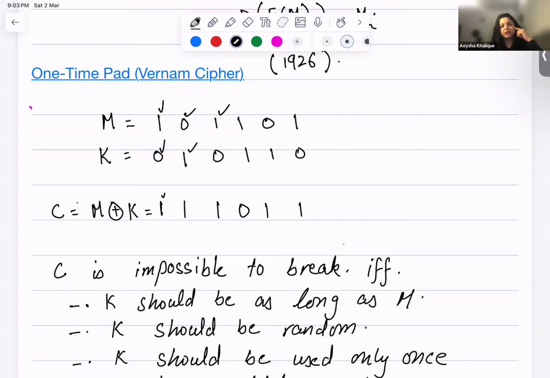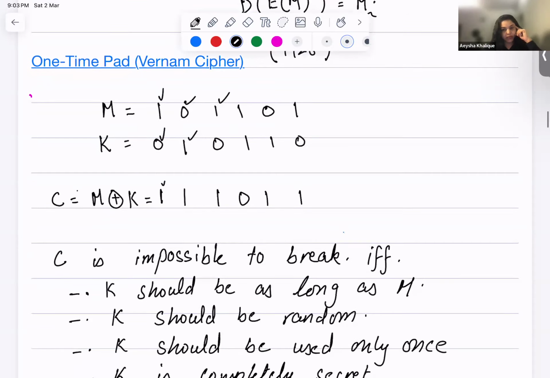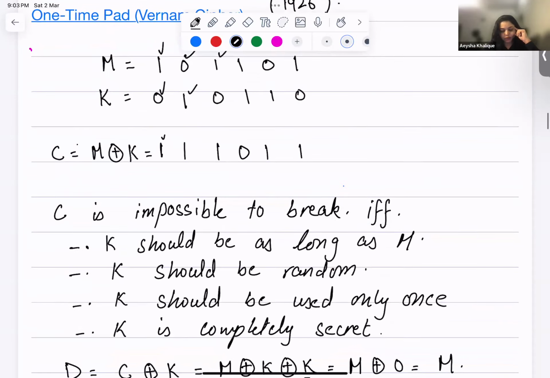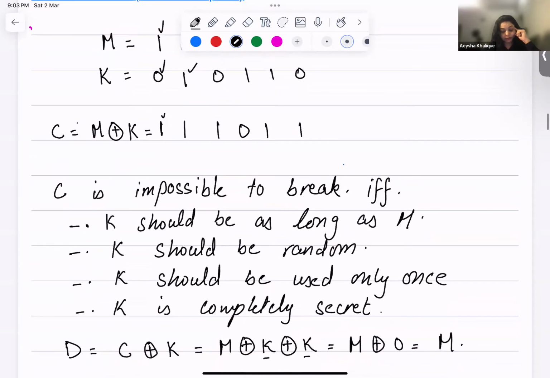Now this cipher, as we talked yesterday, is impossible to break. It is mathematically proven to be secure, but there are certain conditions. It is impossible to break if and only if the key is as long as the message, the key is random, the key is used only once, and the key is completely secret.